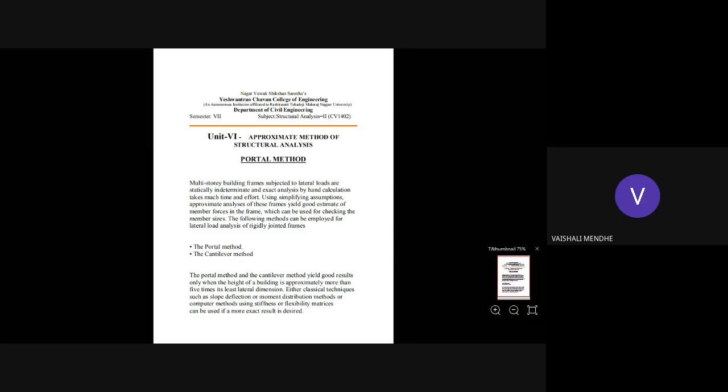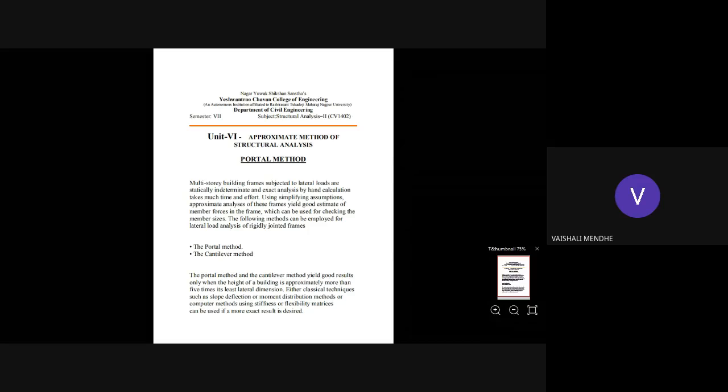The following methods are used for the lateral load analysis of rigidly joined frames. These two methods are used for the lateral load or horizontal load analysis: the portal method and the cantilever method.